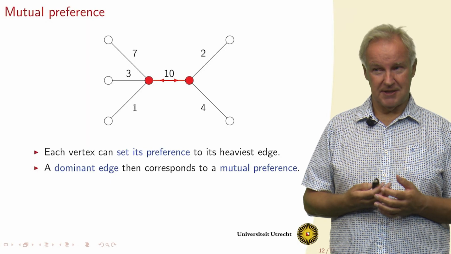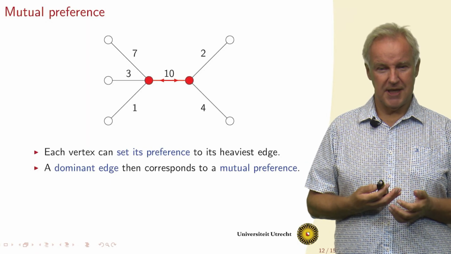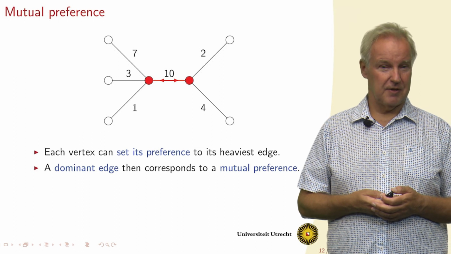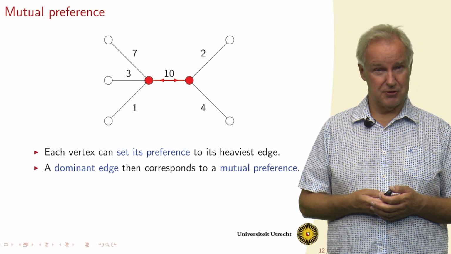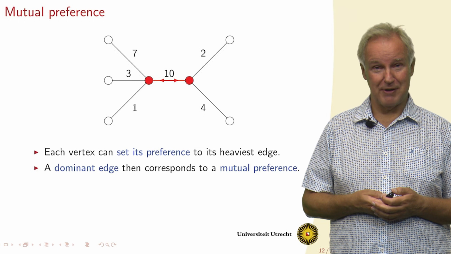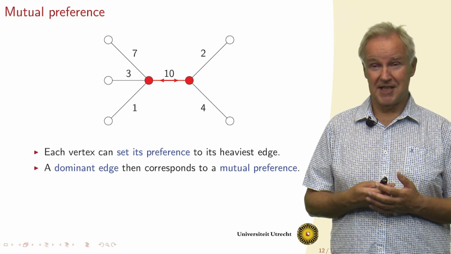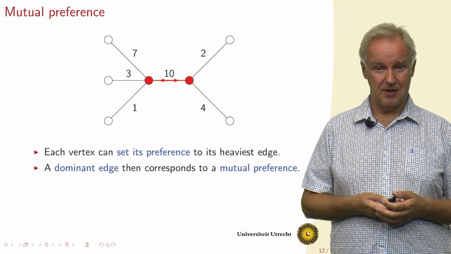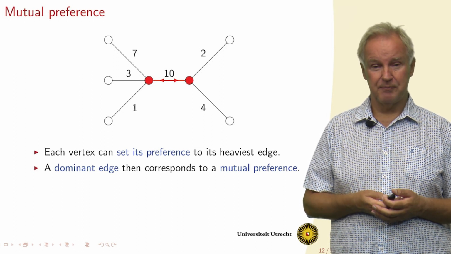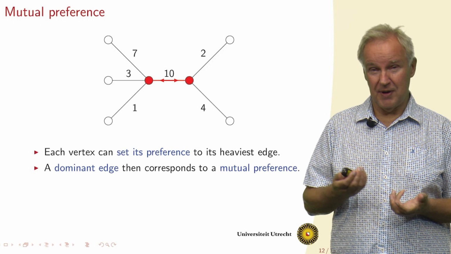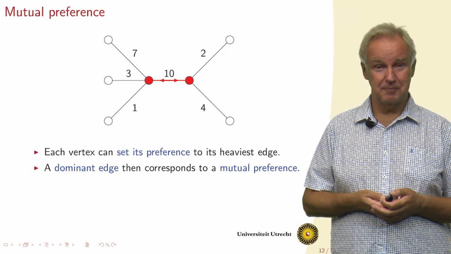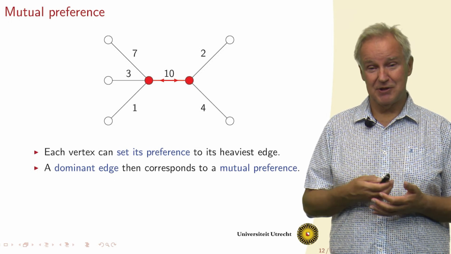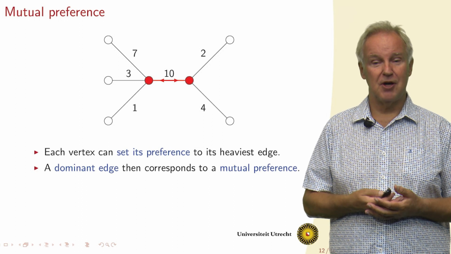If we implement this algorithm, we could do that by having mutual preferences or non-mutual preferences. Every vertex sets a preference to its highest weighted neighbor, the one it's most attracted to. And then if this happens to be mutual, we have a dominant edge.